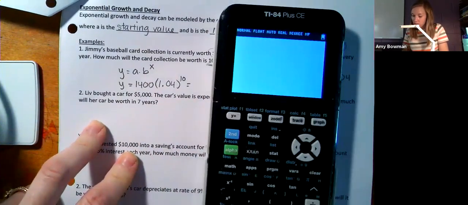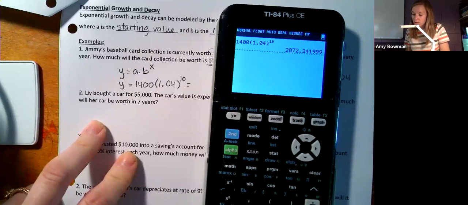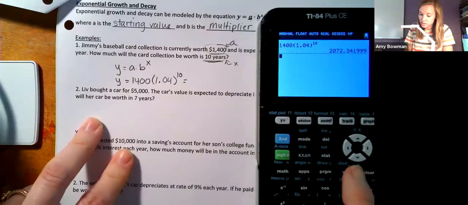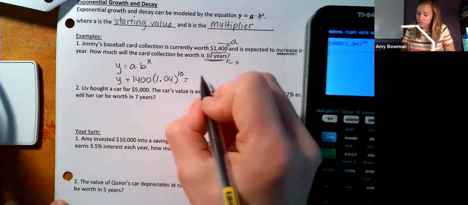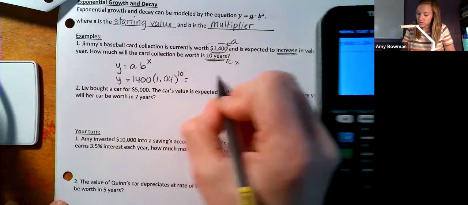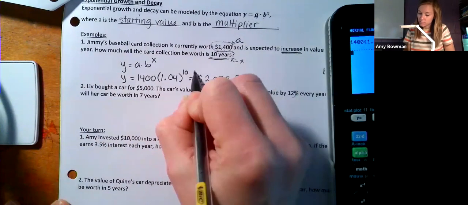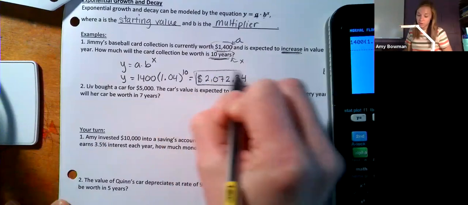So I would crunch those numbers on my calculator: $1,400 times 1.04 raised to the 10th. So those would be worth $2,072.34, 10 years later. All right, let's take a look at one more before you try a few on your own.